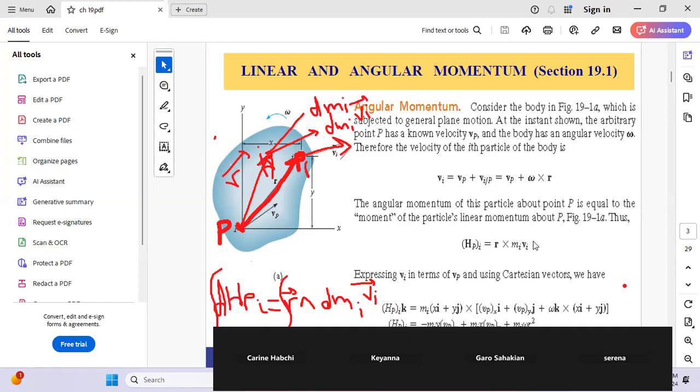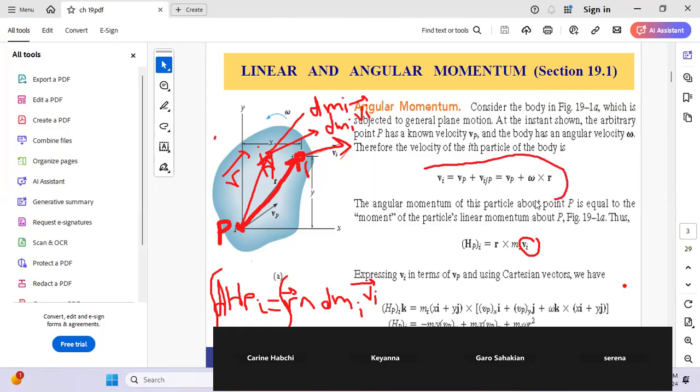an expression of Vi, which is the velocity of the elementary mass, as a function of the velocity of point P. Since point I, which is any point on the rigid body, and P are both attached to the rigid body, their velocities can be related by the following formula.